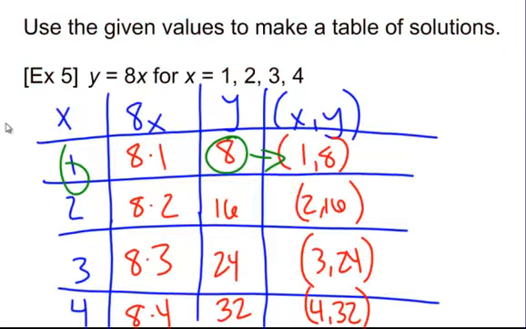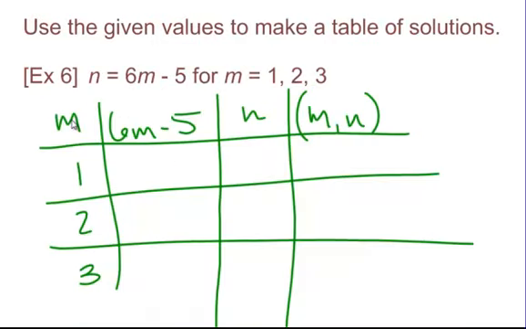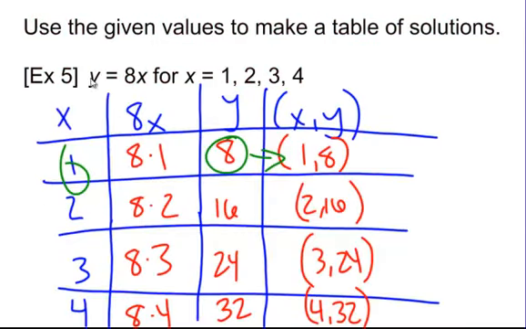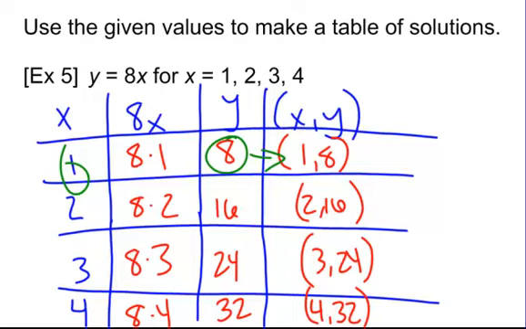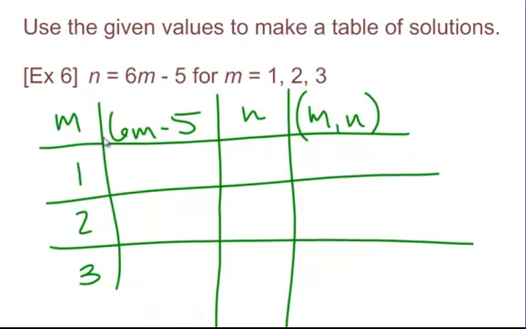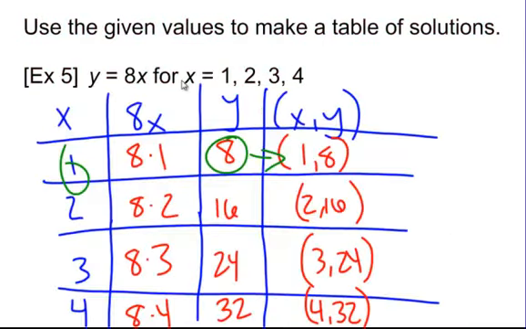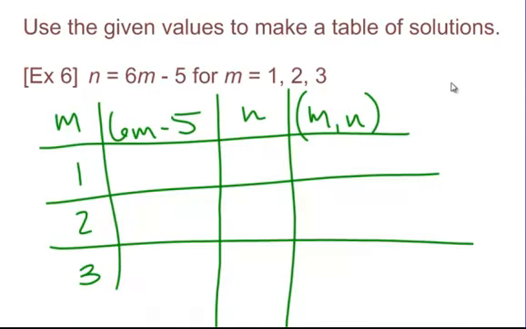Here, x becomes m. 8x here becomes 6m minus 5 here. n, whatever your answer is, was y, so y becomes n, and x comma y here becomes m comma n here. So now I'm just going to plug in these different values for m and see what I get.